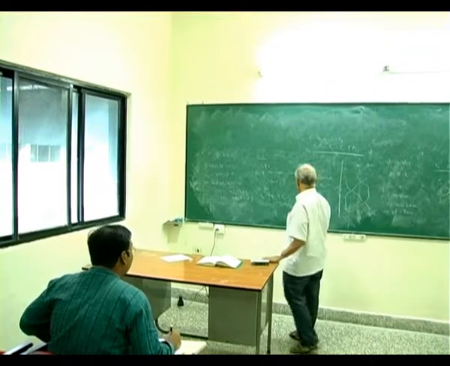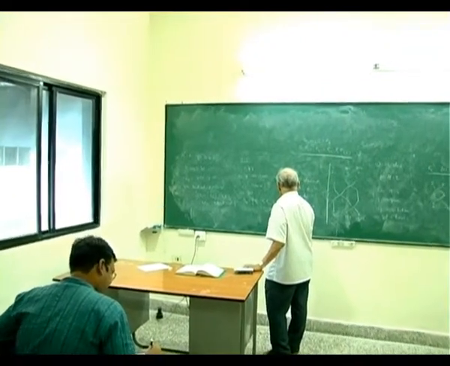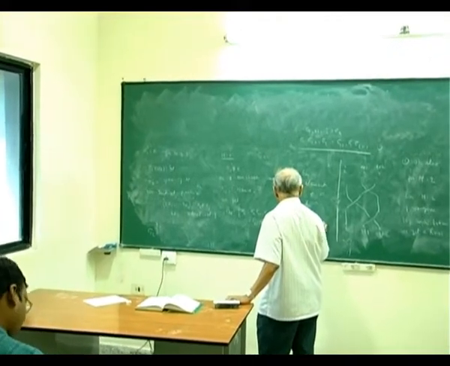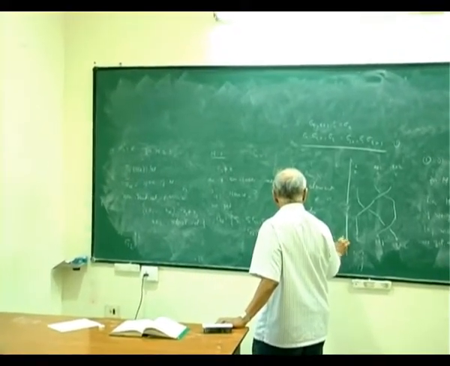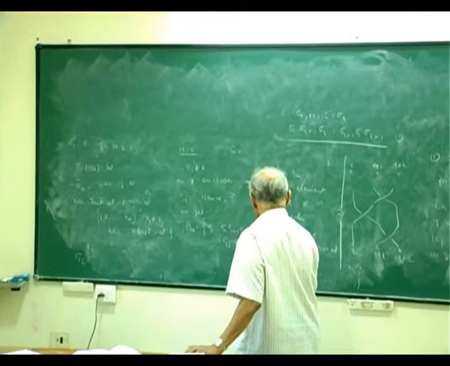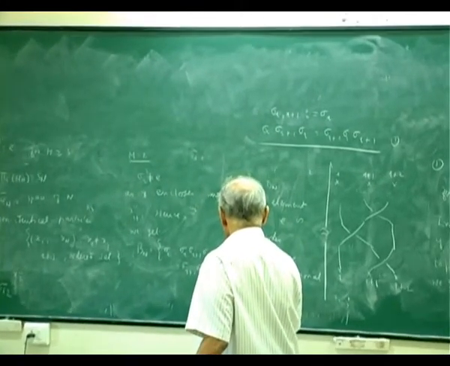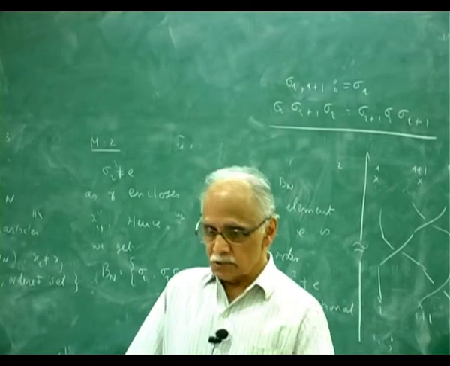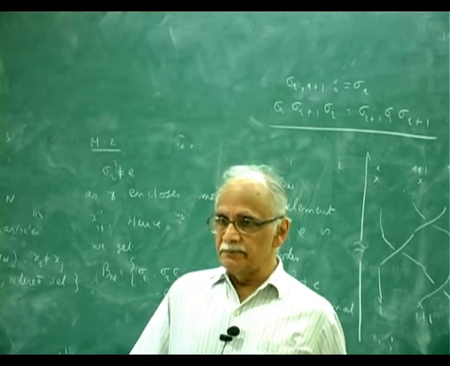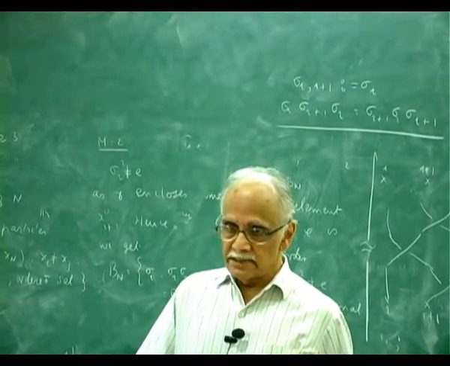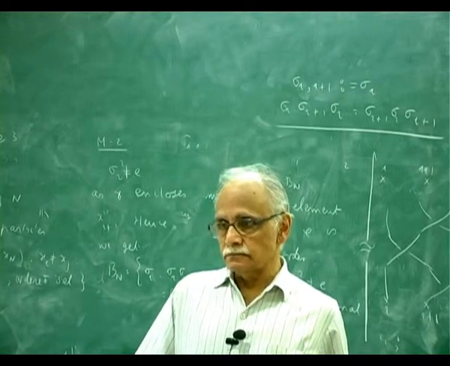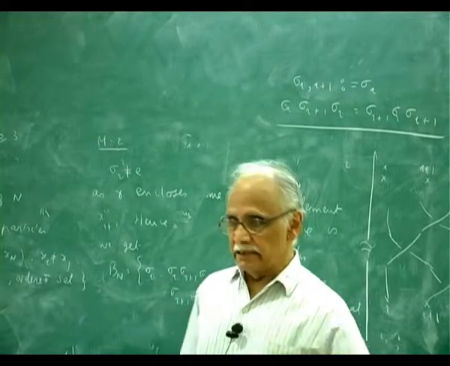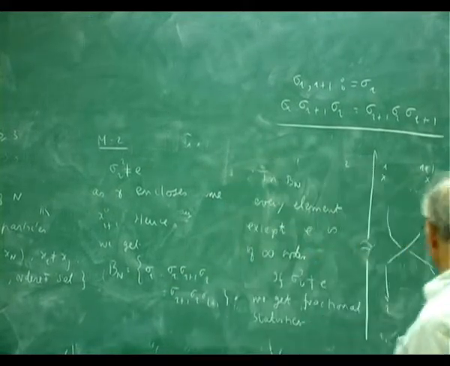We get fractional statistics, because a double permutation doesn't give you 1. This is what gives you fractional statistics. So today I will say one more thing, then we'll continue.